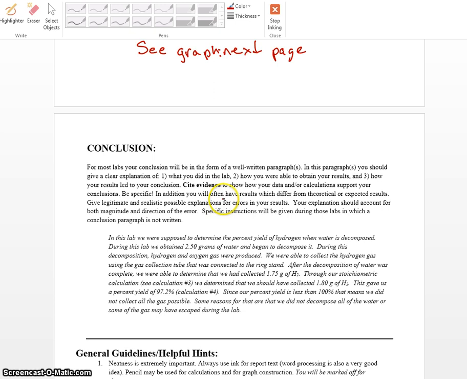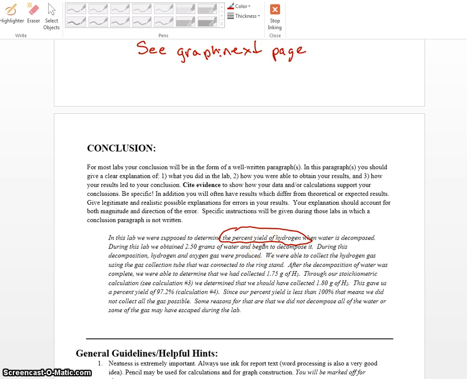The conclusion is designed to answer your purpose. The purpose of the experiment was why you're doing the lab. So what that means is when you go to write the conclusion, you are giving the answer to that purpose. For example, if you were trying to determine what the percent yield of hydrogen was, like that was what our purpose was for this experiment, then you need to discuss what the percent yield of hydrogen is.